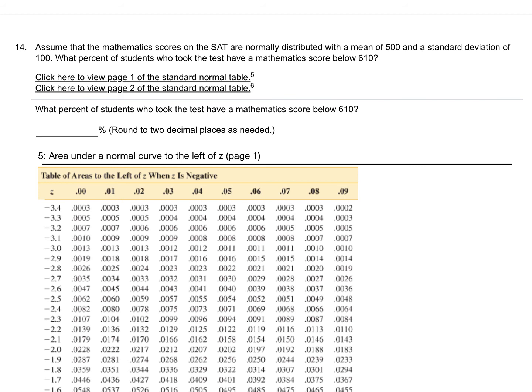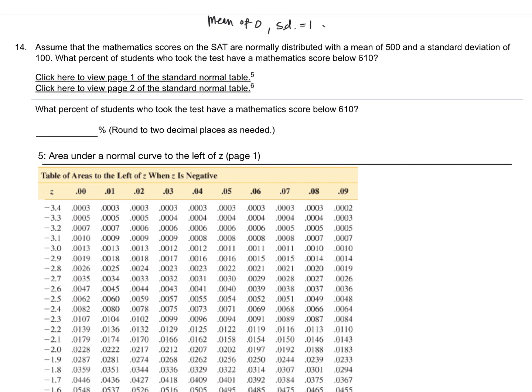Normally distributed, that should automatically trigger the z-scores. So that is what we're really dealing with here. What they want you to do is standardize these scores. Remember that a standard normal curve has a mean of 0 and a standard deviation of 1, right?